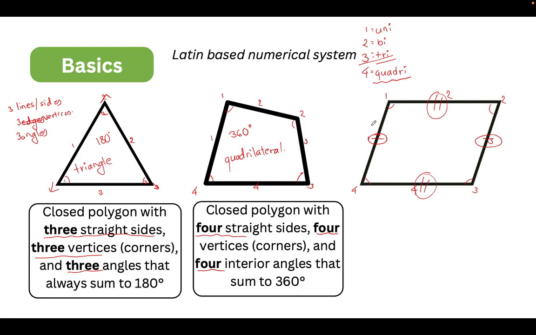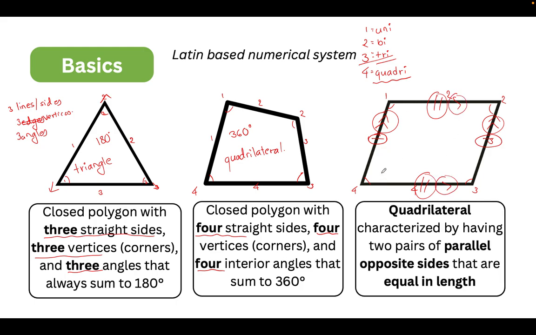And for a parallelogram there also need to be parallel lines. These two arrows represent that these two lines are parallel and this single arrow represents that these two lines are parallel. So the definition of a parallelogram is a quadrilateral characterized by having two pairs of parallel opposite sides that are equal in length. These opposite pairs must be parallel and equal in length, and this is called a parallelogram.